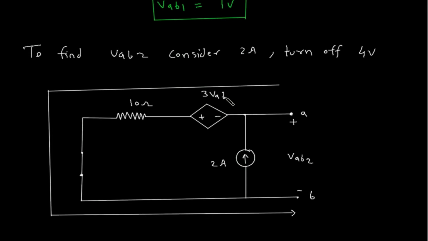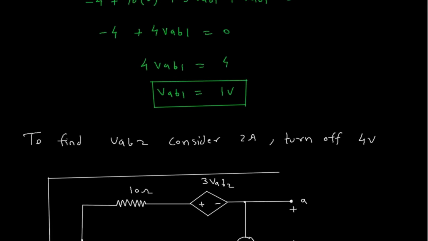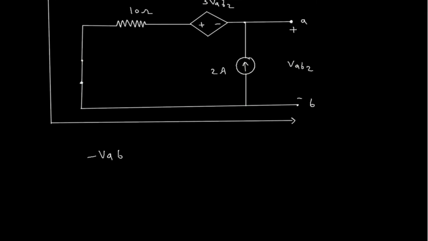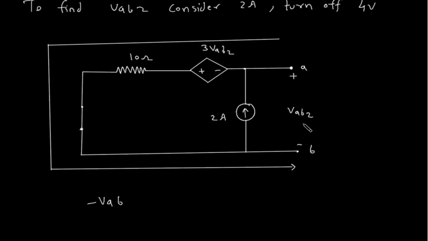So minus VAB2, then minus 3 VAB2, then plus 10, current flowing through this resistor will be 2 ampere, is equal to 0.